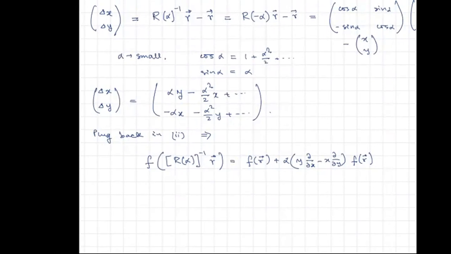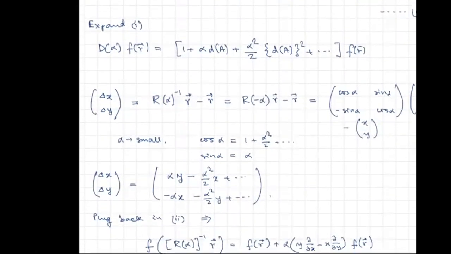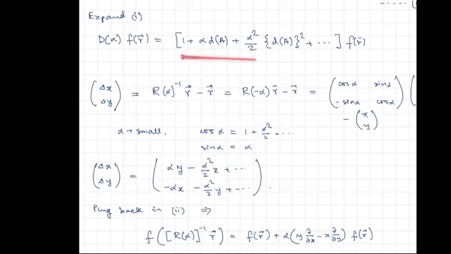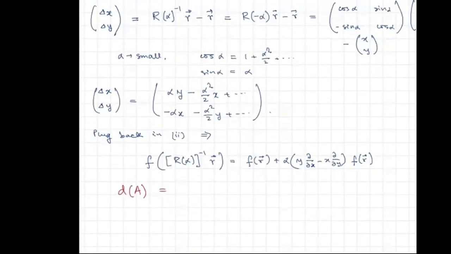If you link this up with what we have above, then D of A is clearly given by y del del x minus x del del y.